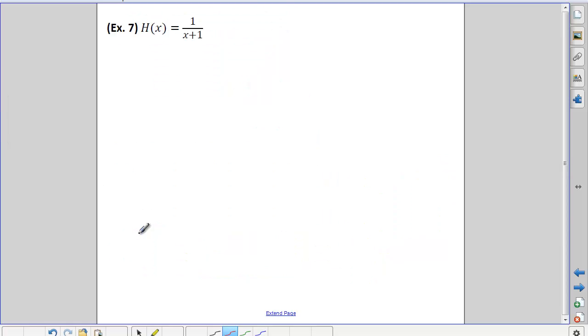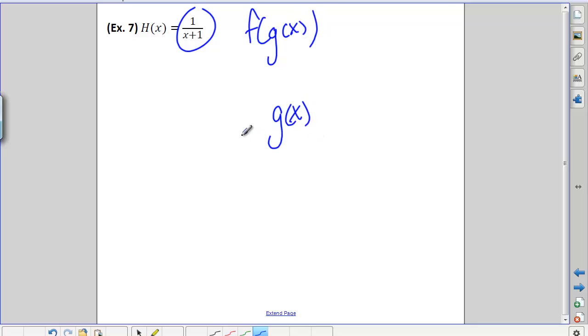Example 7 is not quite as intuitive as 6 as far as inside and outside. You can also think of this as steps. If you were to plug an x value into this function, what would be the first step you would do? That more or less makes up your inside function. So the first thing that happens when you plug in an x value here is you add 1 to it.